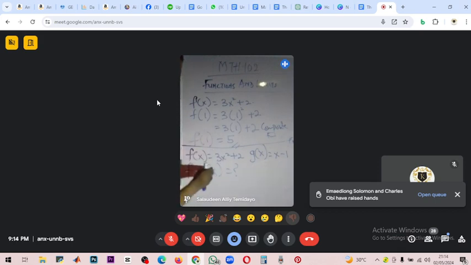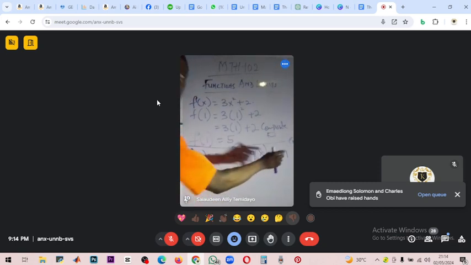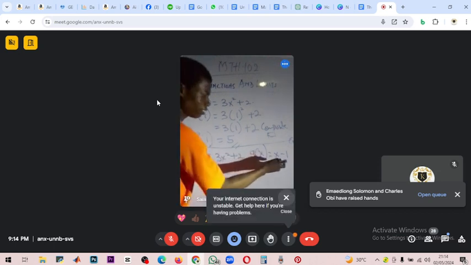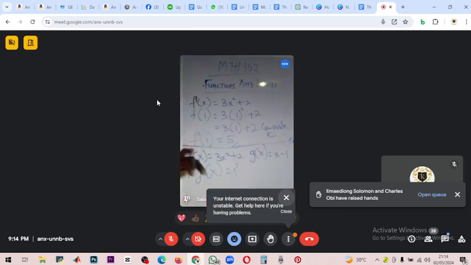Now, f of g of x, I should be putting g of x here. What is the value of g of x? X minus 1. So f of g of x, that's 3 times, instead of putting x, I'll now say g of x, which is x minus 1.